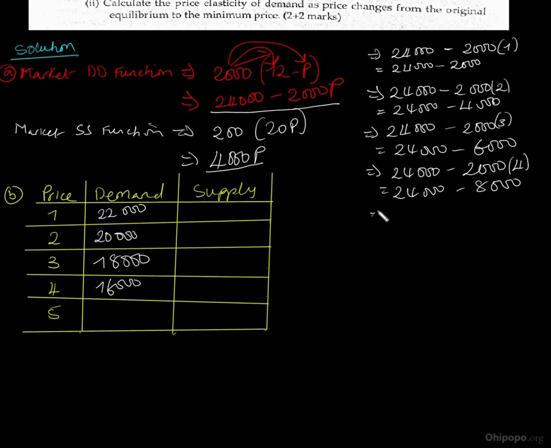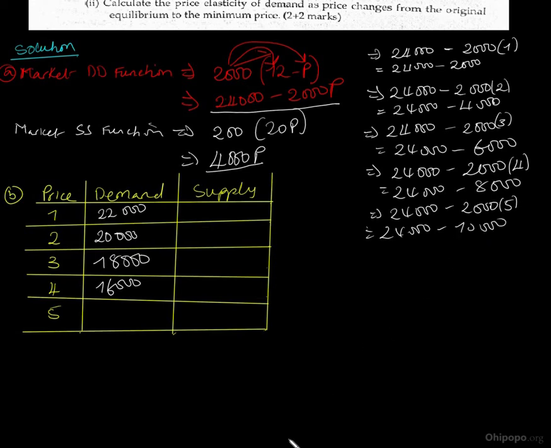Now, when the price is 5 francs per cup, we do the same: 24,000 minus 2,000 P. P now becomes 5, so 2,000 times 5 will be 10,000.